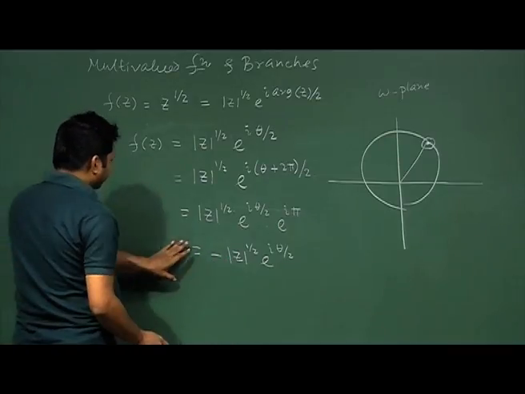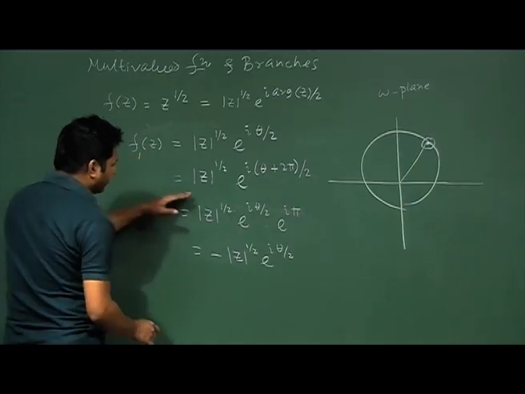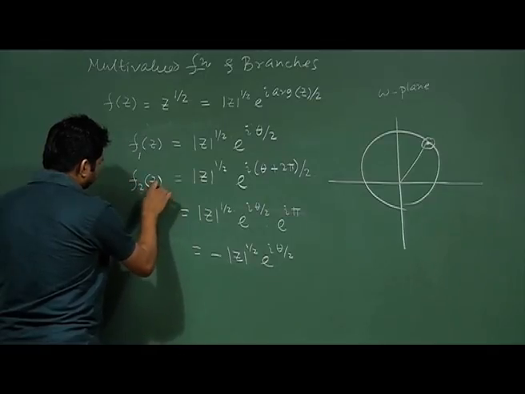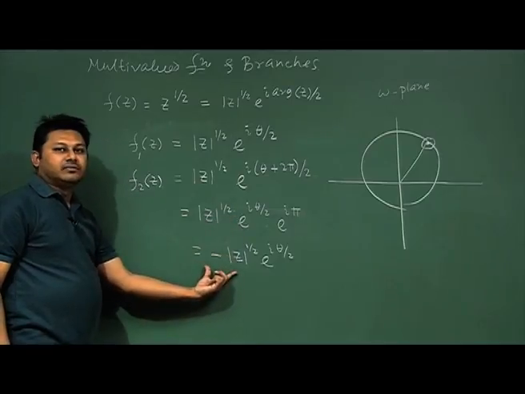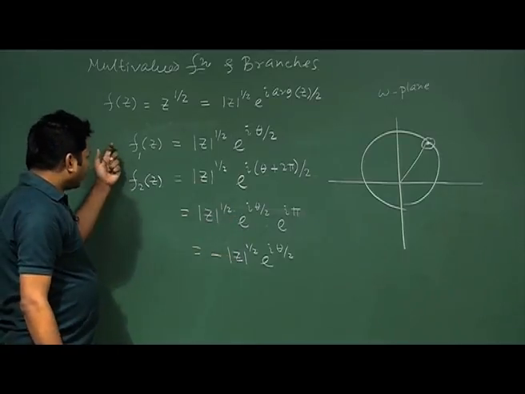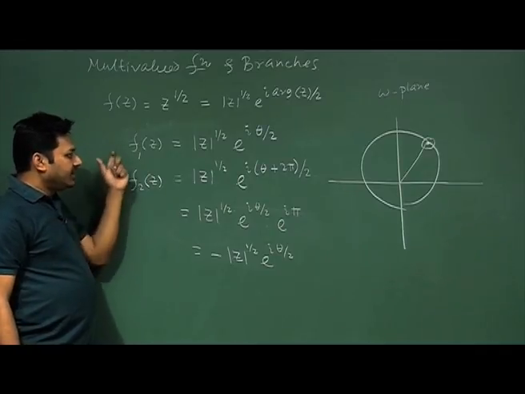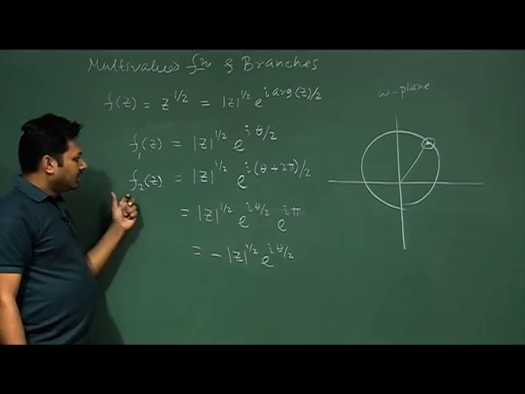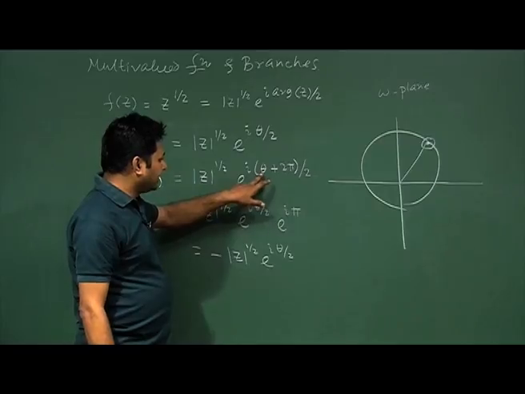So, if I say f1 gives you the positive value, f2 is something which gives you the negative value. The total function is f, and f1 and f2 behave like two branches giving two different values, keeping in mind that theta is now changing by 2 pi.